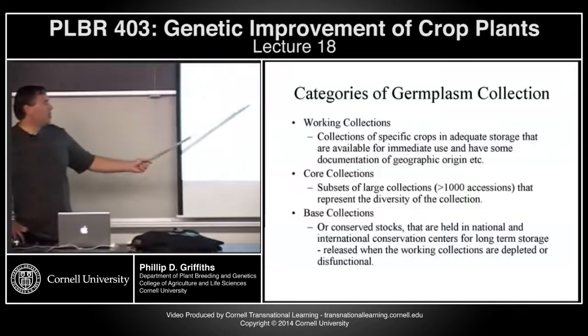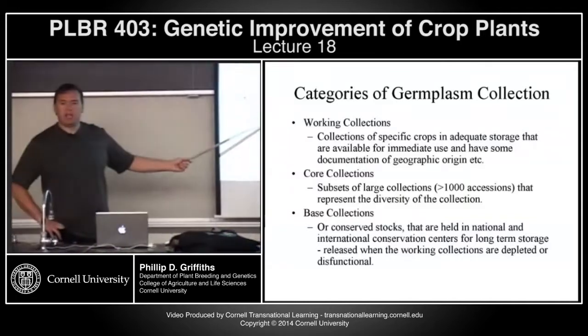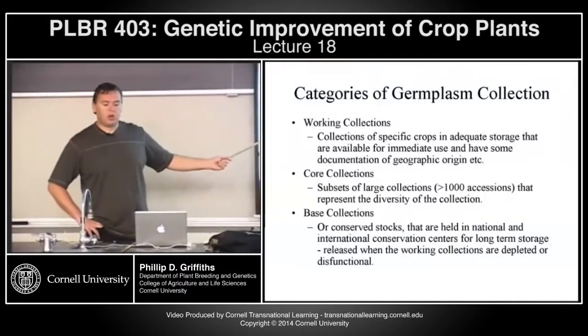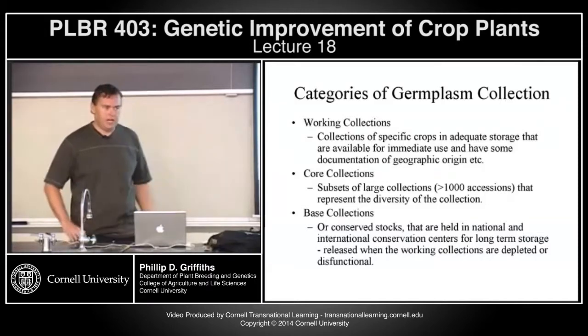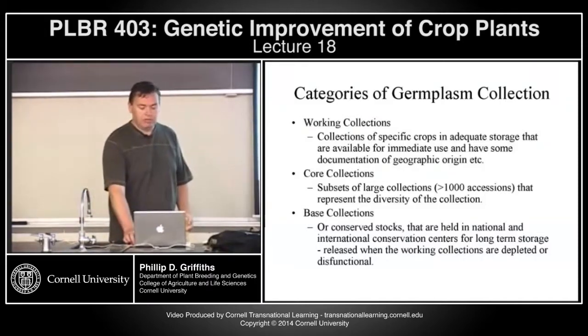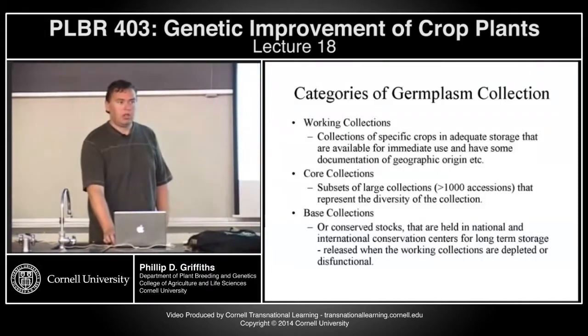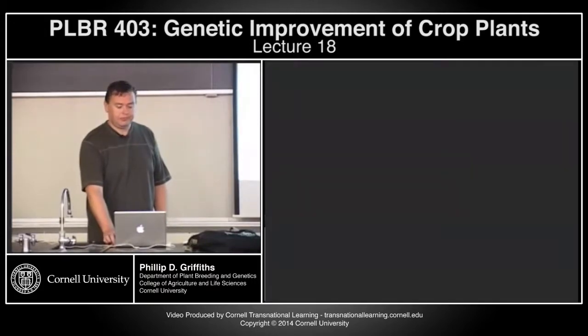The base collection then is a backup collection. This would be the Fort Collins collection. They are not released from these. They're basically here for long-term storage to make sure that that material is going to have long-term viability.